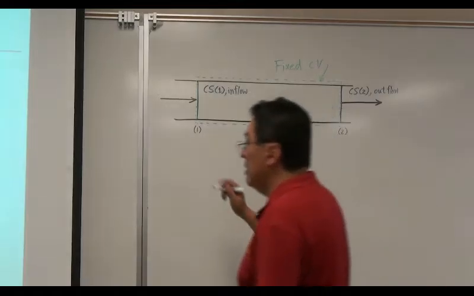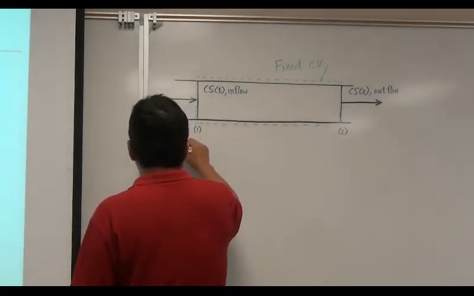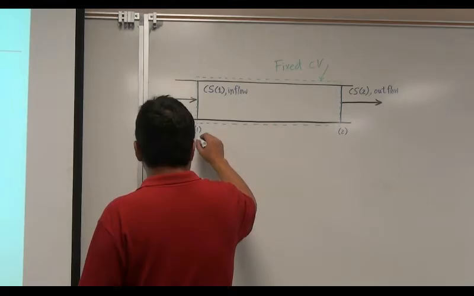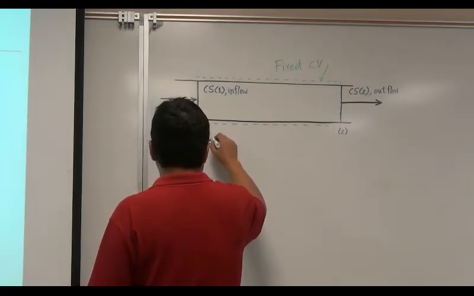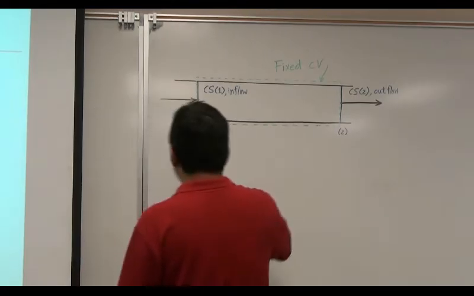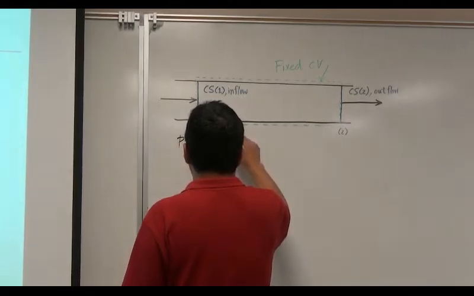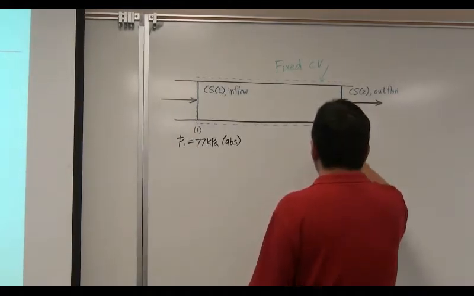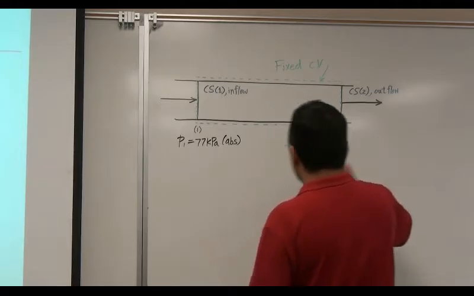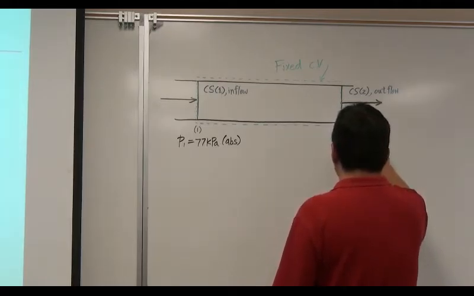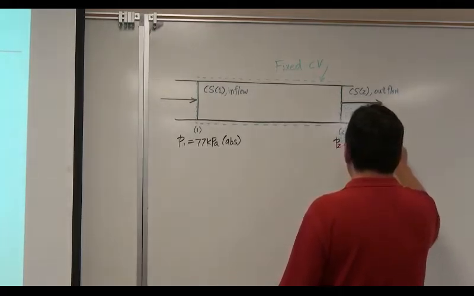Properties given here. Static pressure P1 is 77 kilopascal absolute. Static pressure P2 45 kilopascal absolute.